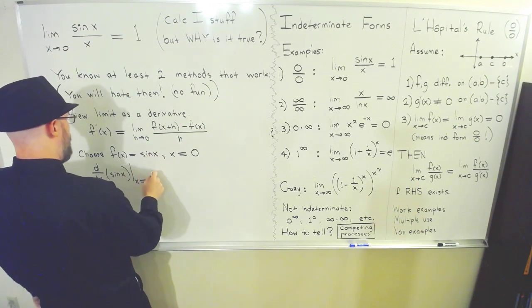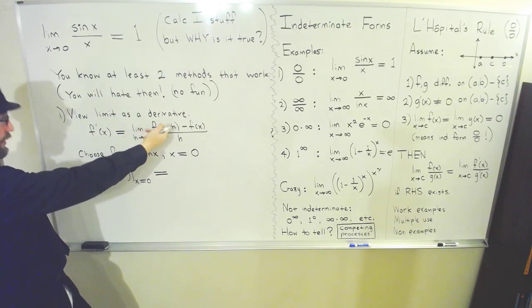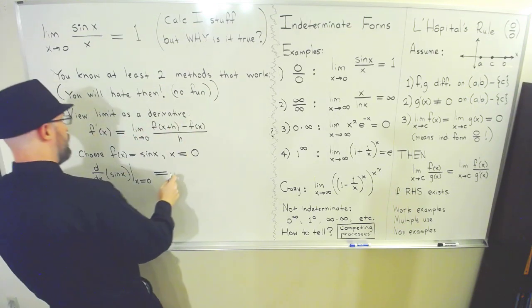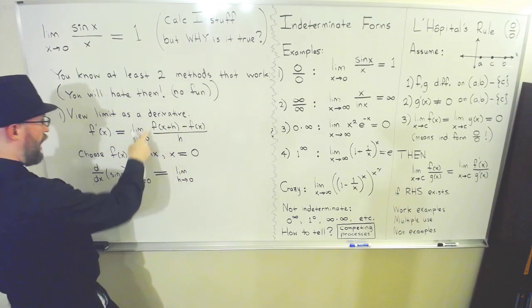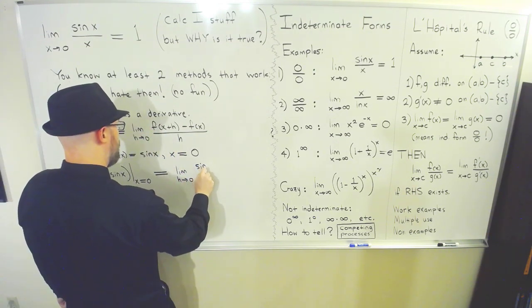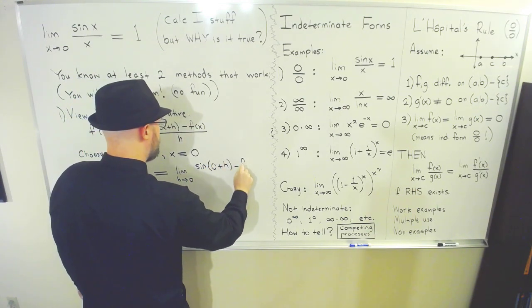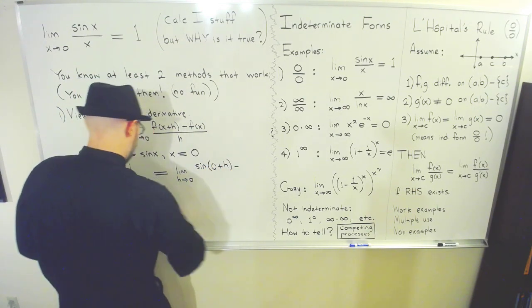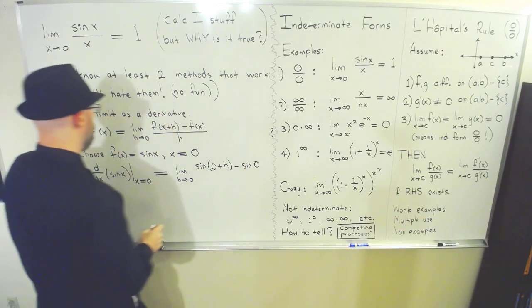So what I'm going to do is take these choices and substitute them into the difference quotient here. So that's going to say limit as h goes to 0. Well, f was sine, so this is sine. x I chose to be 0, so this is 0 plus h, minus sine of 0.